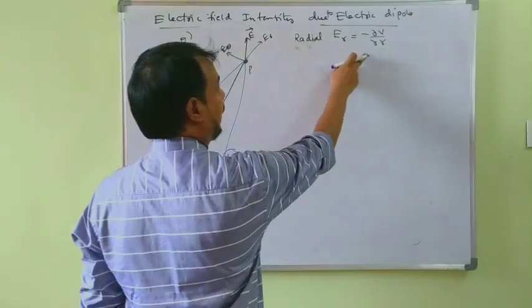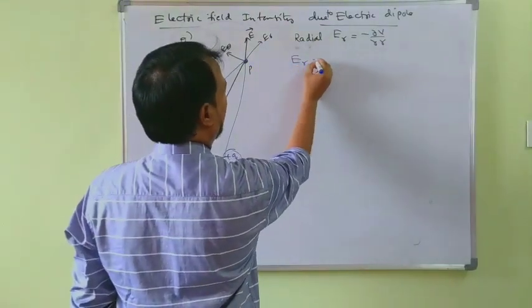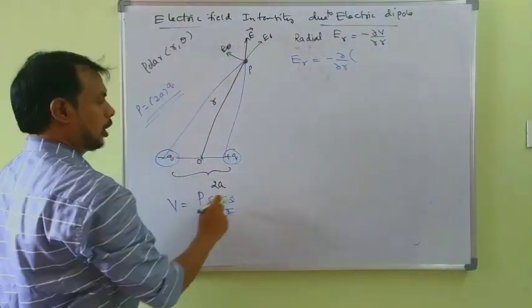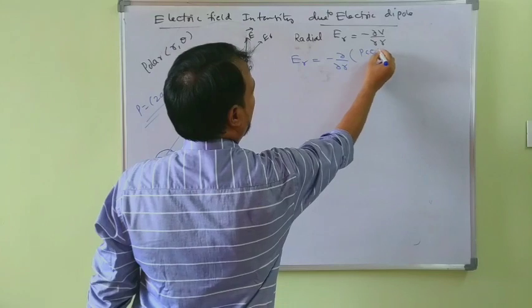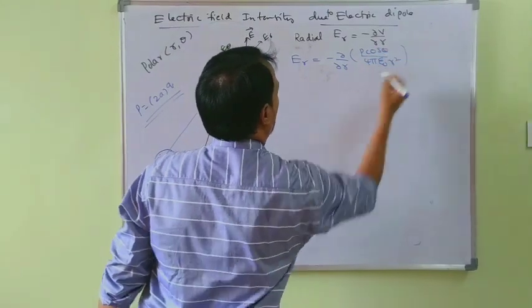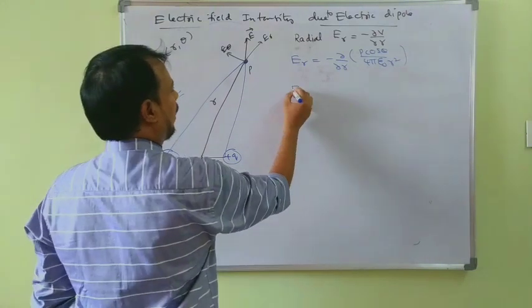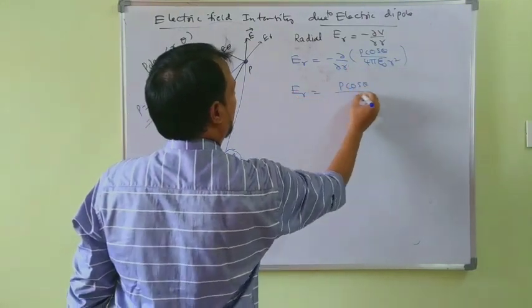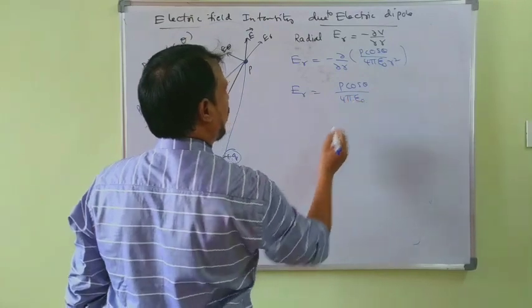So calculating ER: ER equals minus dou by dou R of the potential P cos theta by 4 pi epsilon naught R square. 4 pi epsilon naught is constant.